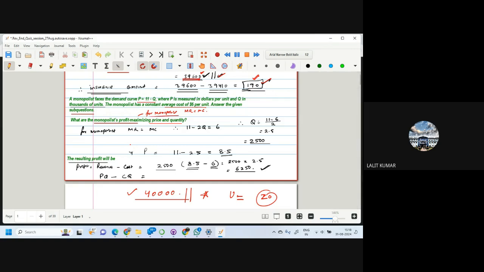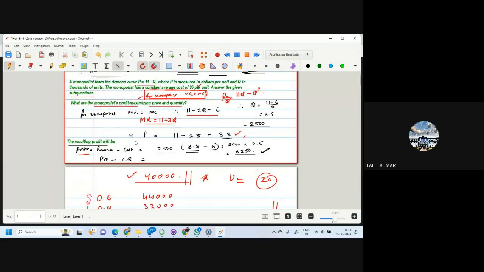So a monopolist always operates where MR is equal to MC. Using this, revenue will become 11Q minus Q square, so MR will become 11 minus 2Q when we take the derivative with respect to Q. We equate that with the MC, we get P, and from that we get Q also.